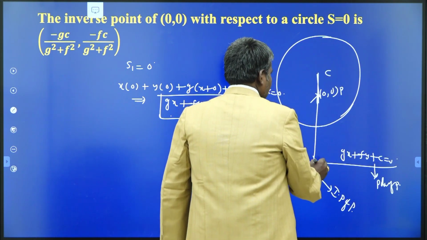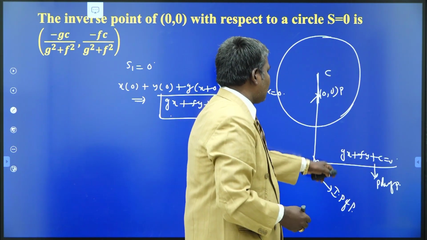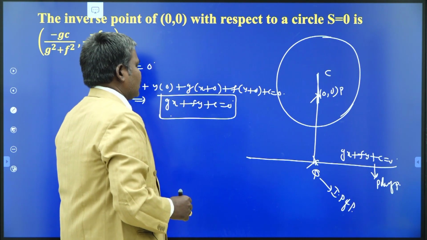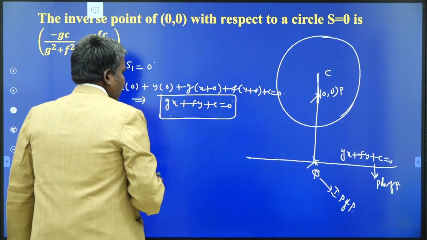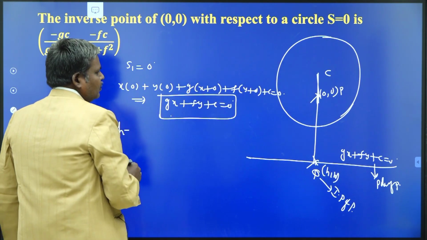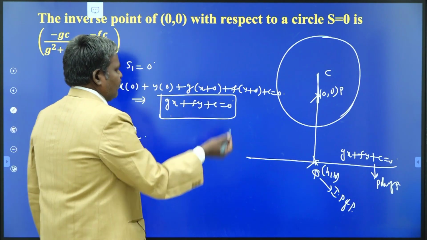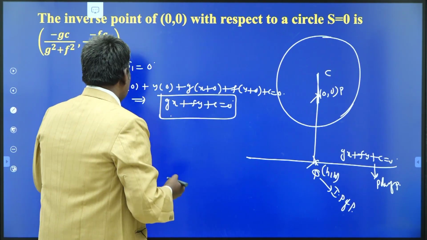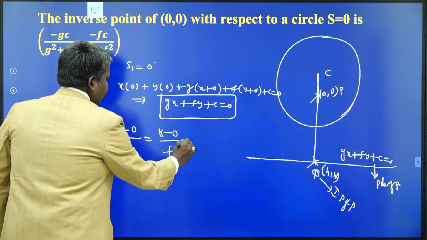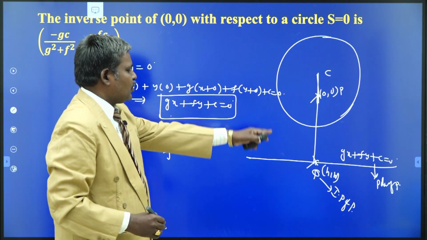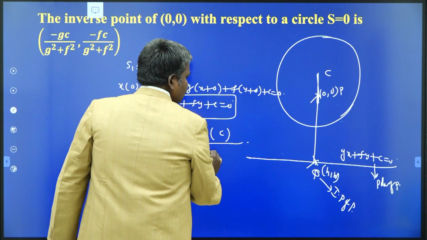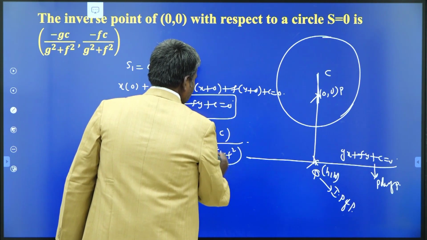Now find the foot of perpendicular drawn from either (−g, −f) to this polar, or from (0, 0) to this polar. Let us find the foot of perpendicular drawn from origin to the line gx + fy + c = 0. Let it be (h, k). So we get (h − x1)/g = (k − y1)/f, where (x1, y1) is (0, 0), equal to −(0·g + 0·f + c)/(g² + f²).